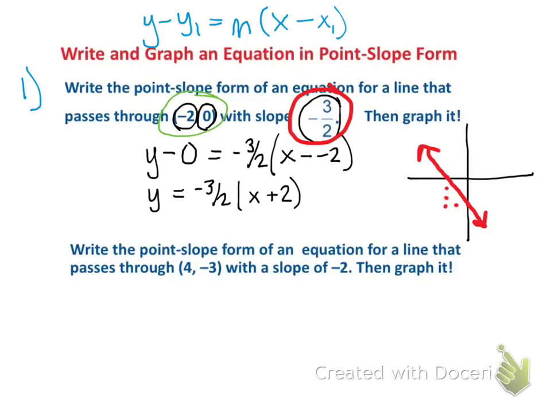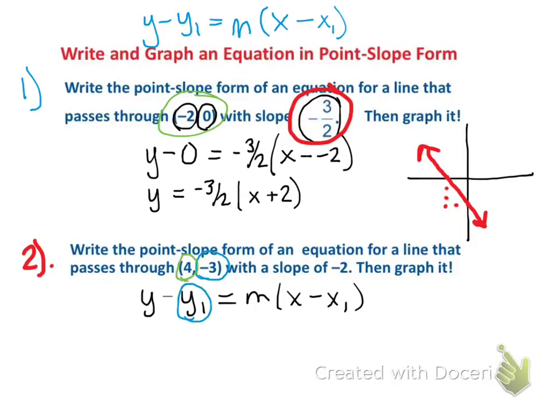So we've got the second example. Write the point-slope form of an equation for a line that passes through 4, -3 with a slope of -2. So it's y minus y1 equals m x minus x1. Let's plug these in very carefully here. This is y1.